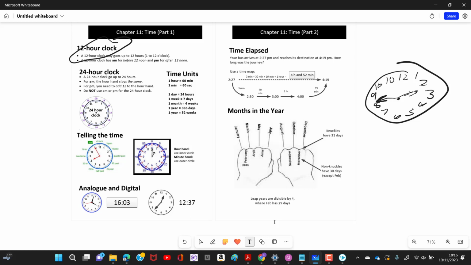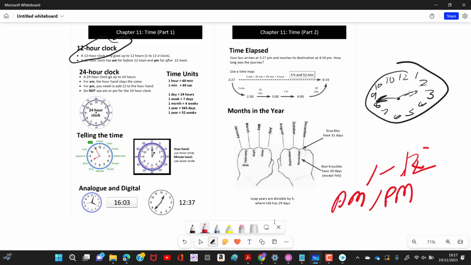That's the other thing about the 12-hour clock. It always goes up from 1 to 12, and it should also be either AM or PM.